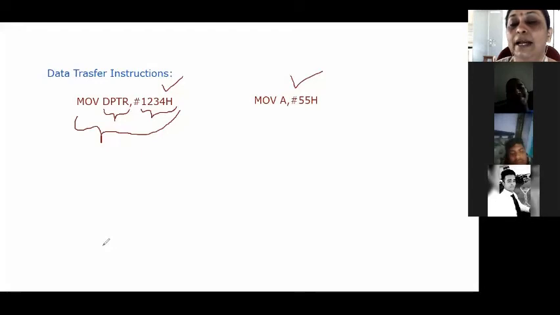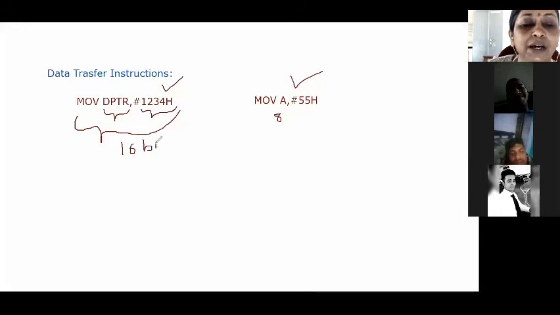Accumulator is 8-bit wide, whereas the data pointer register is how many bits wide? 16 bits. 16-bit wide. Both are the same instructions, but the register we have used here is 8-bit, and the register that we have used here is 16-bit.